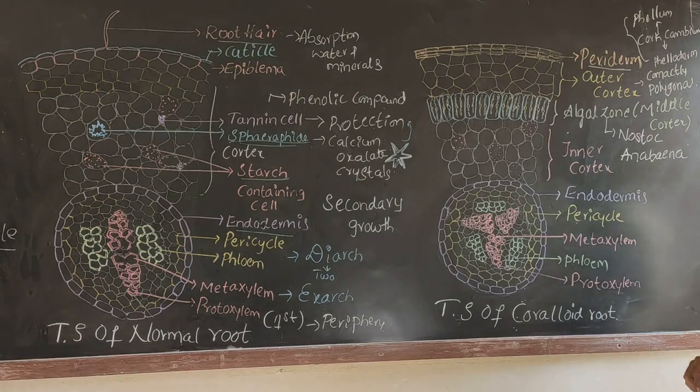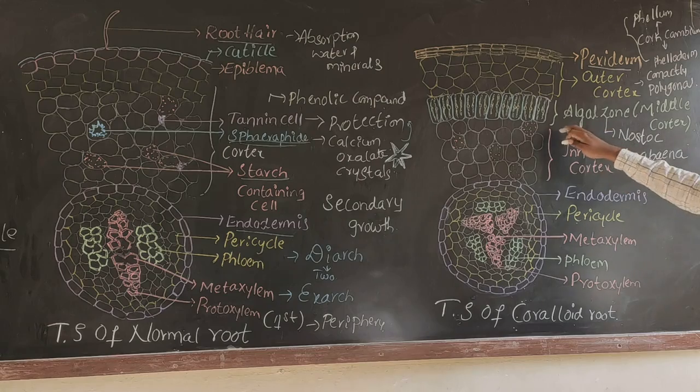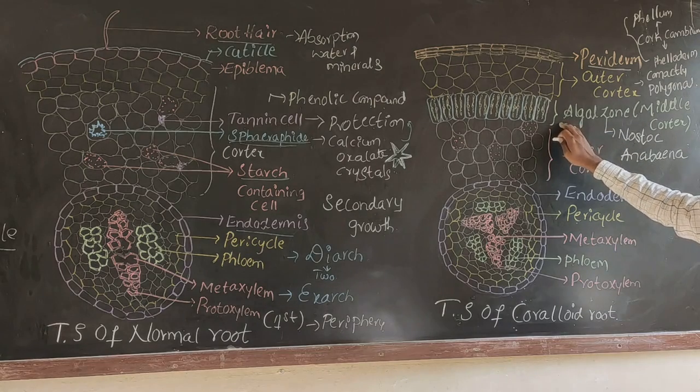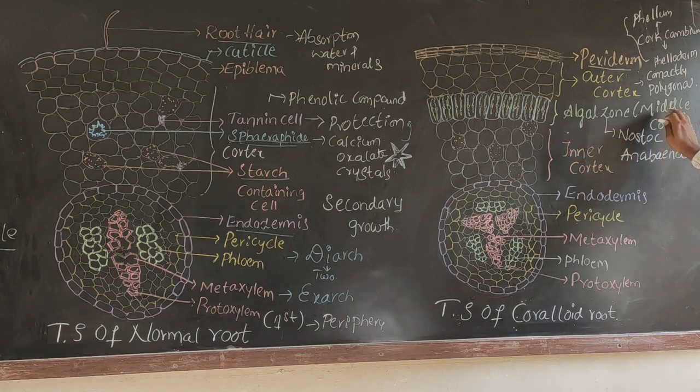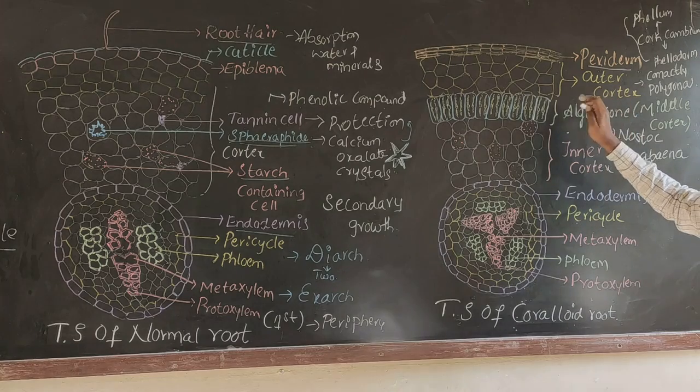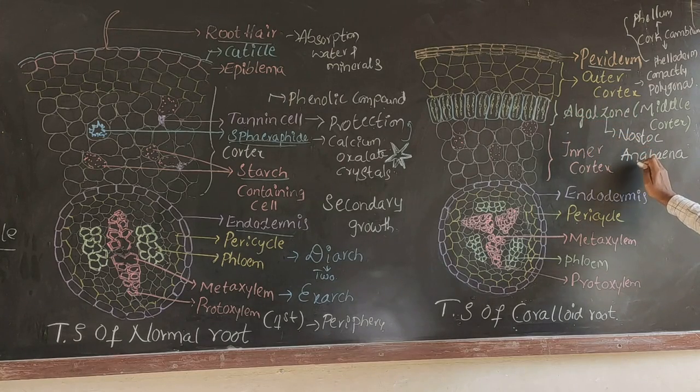This is why it is called the algal zone, and these two algae mainly help in nitrogen fixation.